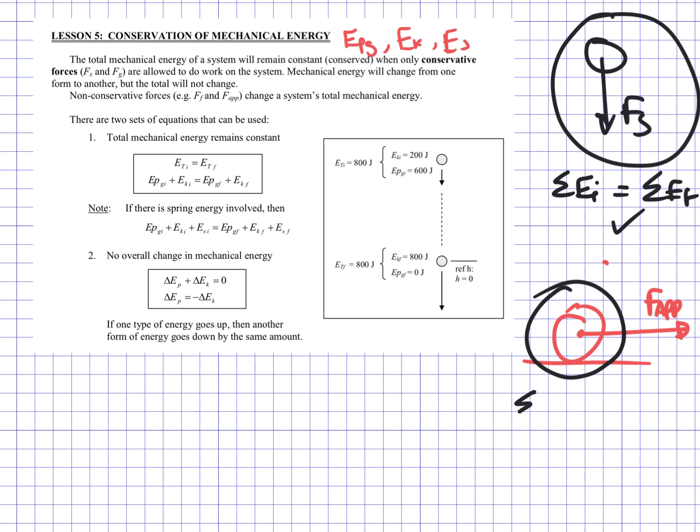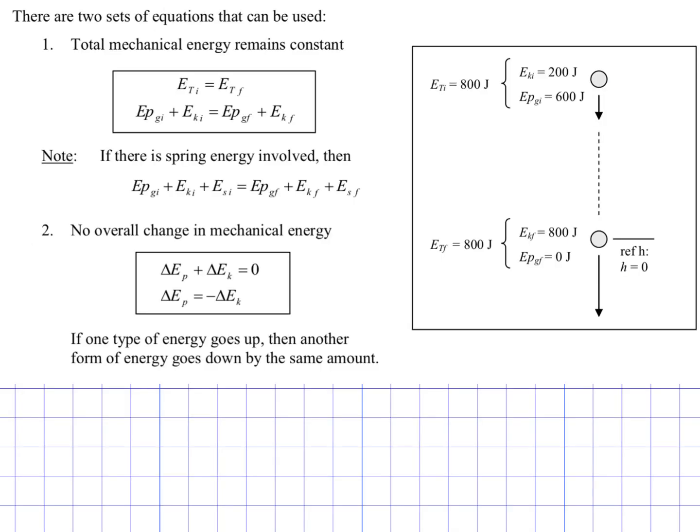Therefore, I would have to say that the energy initial is not going to be equal to the energy final. There would be some work done on the system. Since this force is going to be applied over a distance, there would be work done, and therefore the energy would be different. So just be aware of that as we move through, and hopefully there's a couple of little examples where we can talk about that.